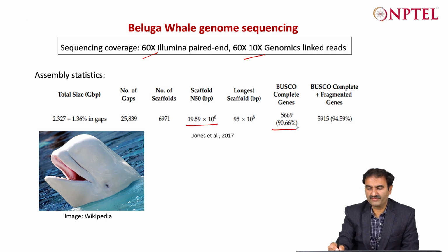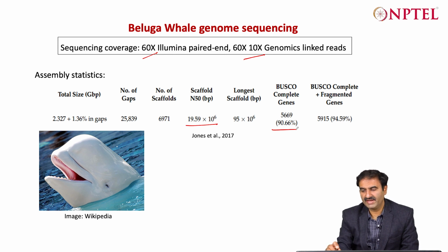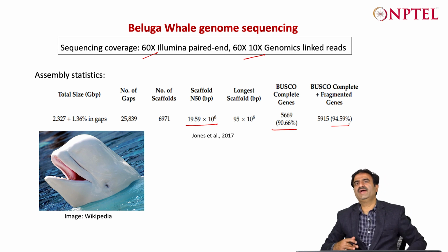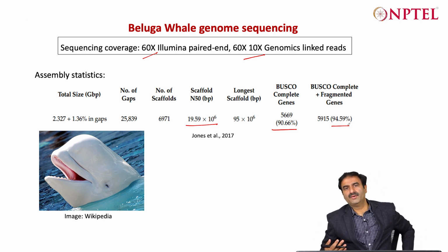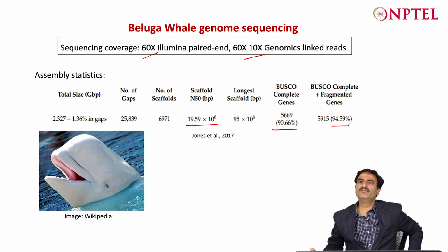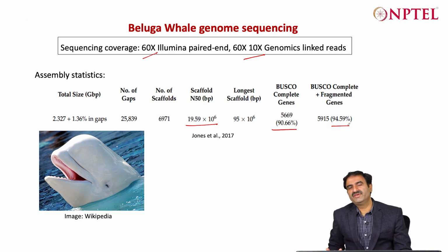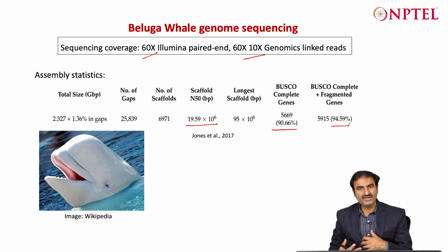BUSCO completeness was 90.66 for complete genes, and including fragmented genes about 95%. The higher the BUSCO value, the more confident you are that you have covered most of the genes, and it also tells you about the breadth of the genome, how much of the genome you have covered, because if you have covered most of the genes, that means you have covered all the chromosomal regions.